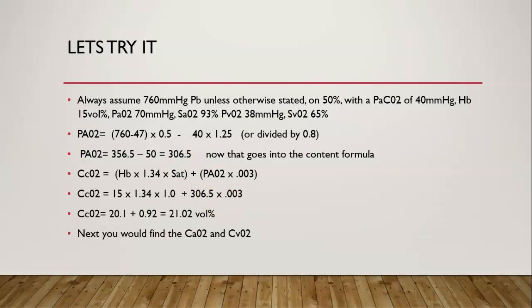So our C prime would be 20.1 plus 0.92, which equals 21.02 volumes percent. So now we're halfway done. We just have to find out what the C little a O2 is and what the C V O2 is, okay?